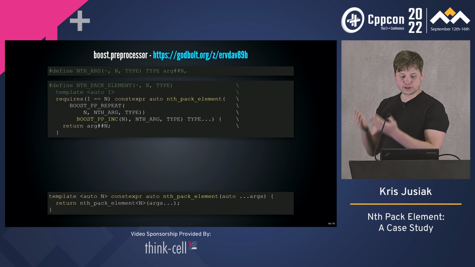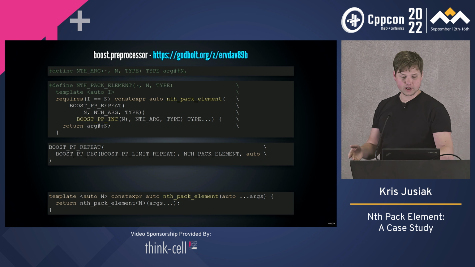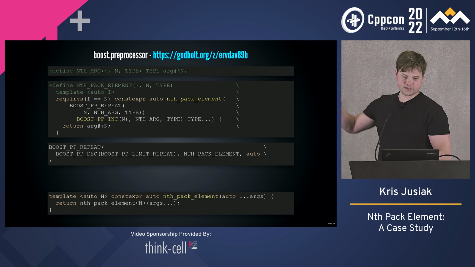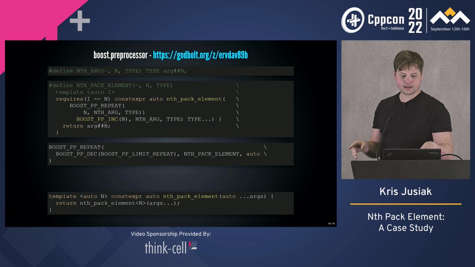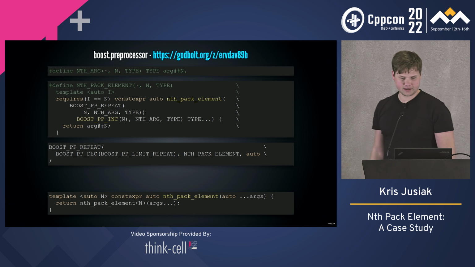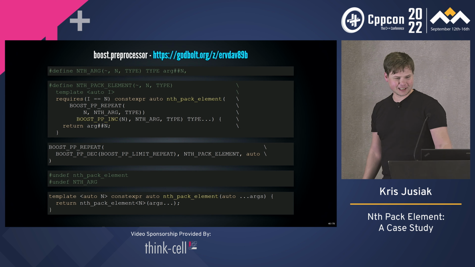But the idea is that we generate accordingly, because we have one more PP_REPEAT. So we go from the nth, we decrease by 1, and we call the other one. Because the first one is just to generate all the functions, and the other one is to generate the arguments and ignore them. So INC and DEC is just increment, decrement, and PP_REPEAT is just repeat. And hash is to join things. Important stuff to know these days. And then we can undef it, so that we can forget about it.